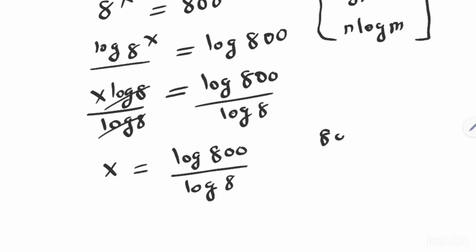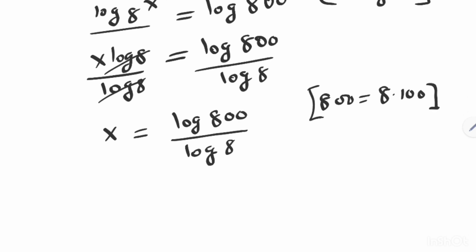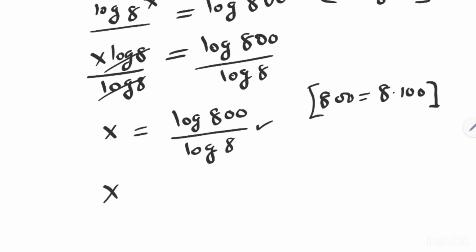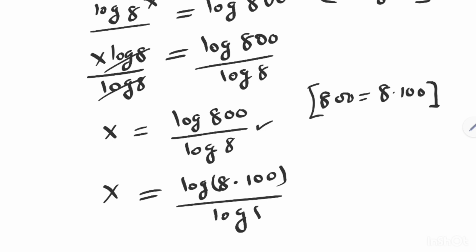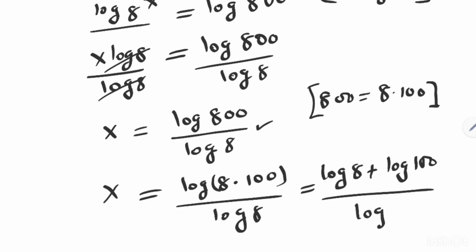But 800 is equal to 8 multiplied by 100. Then this can be written as x is equal to log 8 multiplied by 100 over log 8. This is the same thing as log 8 plus log 100 over log 8.